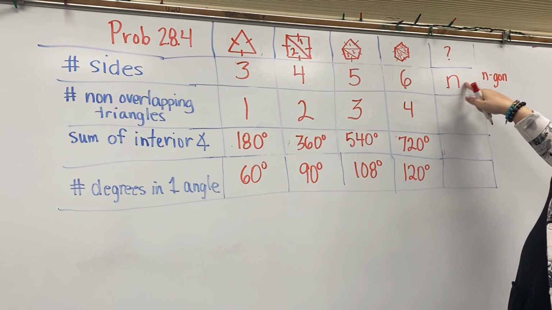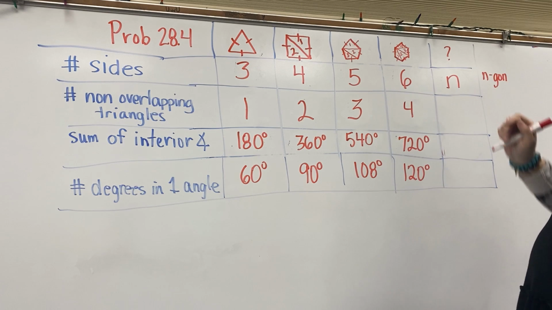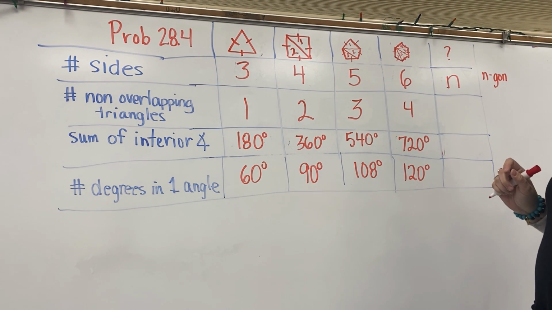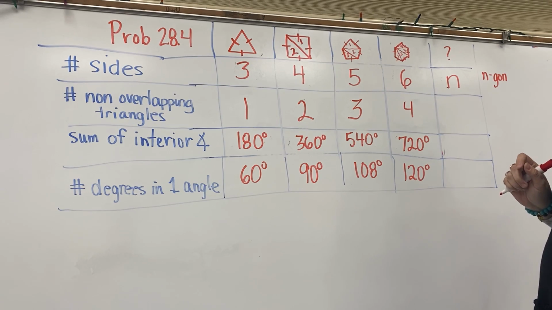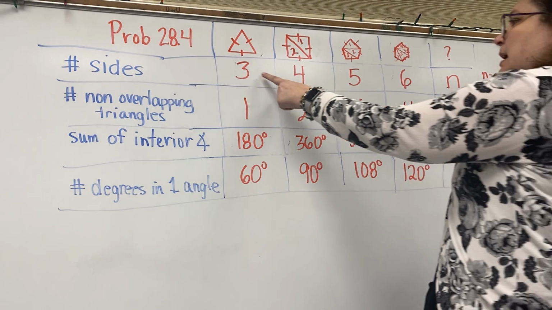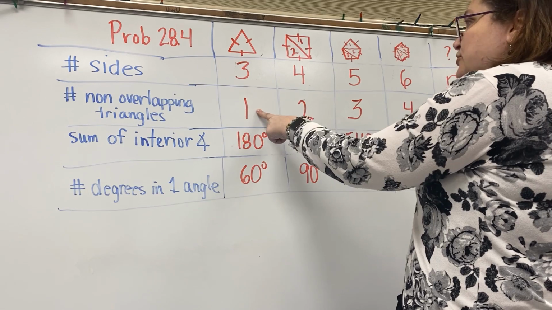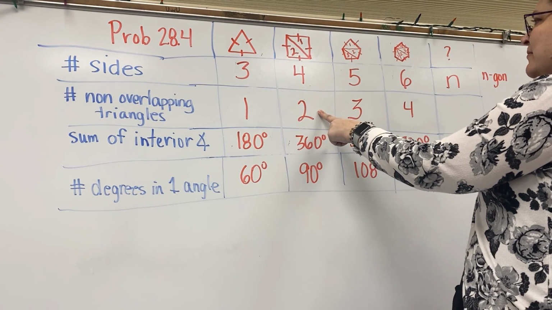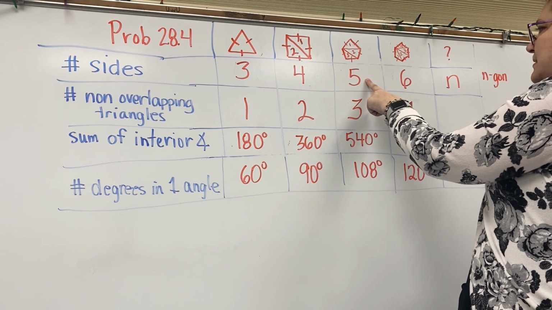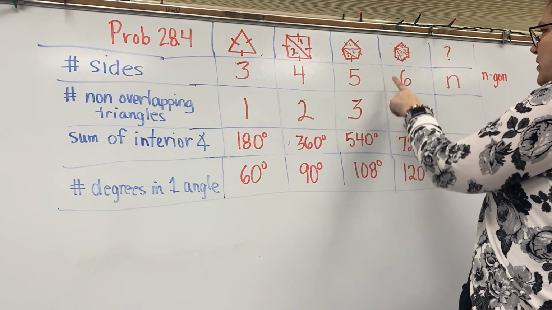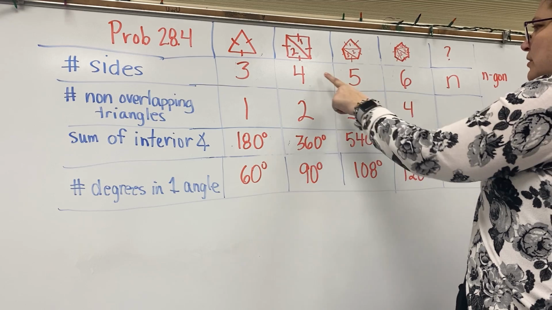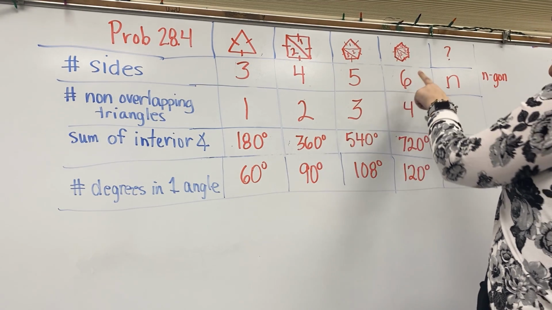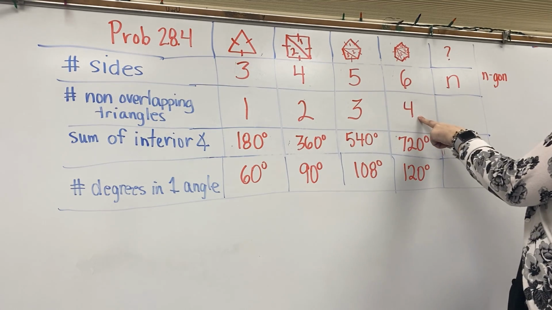If I have an n-gon, how many triangles would it have? Well, what's our pattern here? If I had a triangle, it was 1 triangle. If I had a square, it was 2. If I have a pentagon, it was 3. 4 was 2, 5 was 3, 6 was 4.